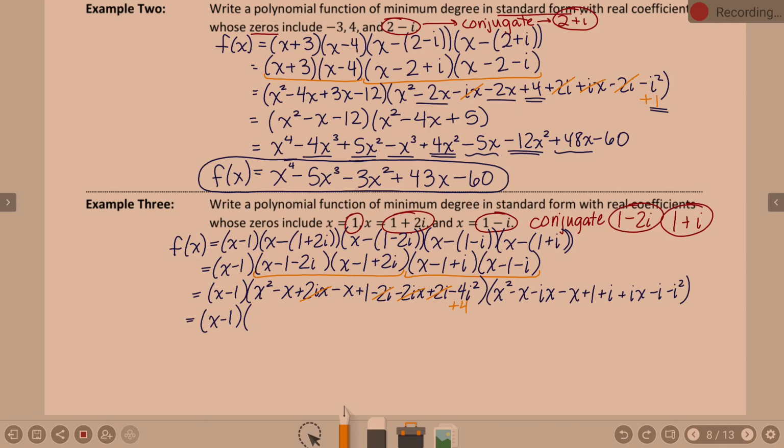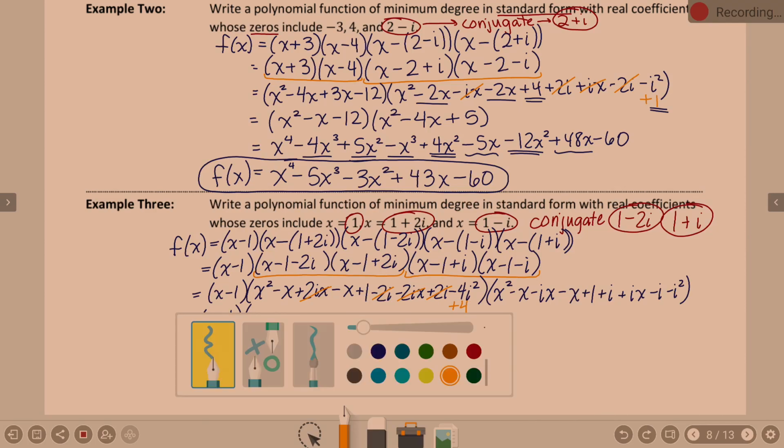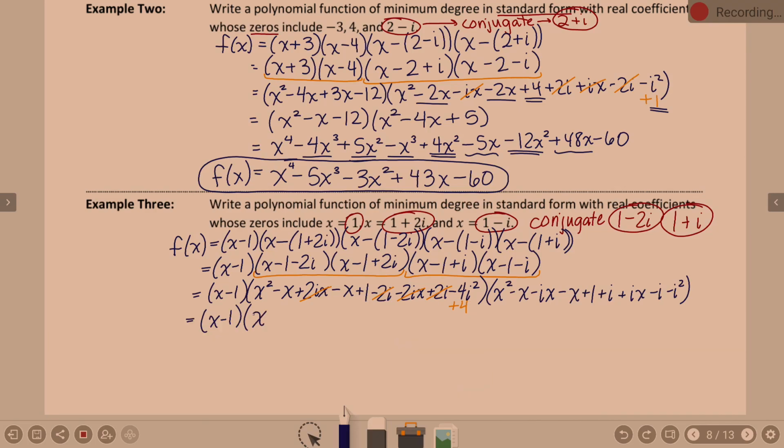So if I clean up this parenthesis here, I have x squared minus x, and minus x is minus 2x, plus 1 and plus 4 is plus 5. Are you agreeing with me? Or are you even with me? I can't see the other. Oh, I'm not sure where you're at, so.